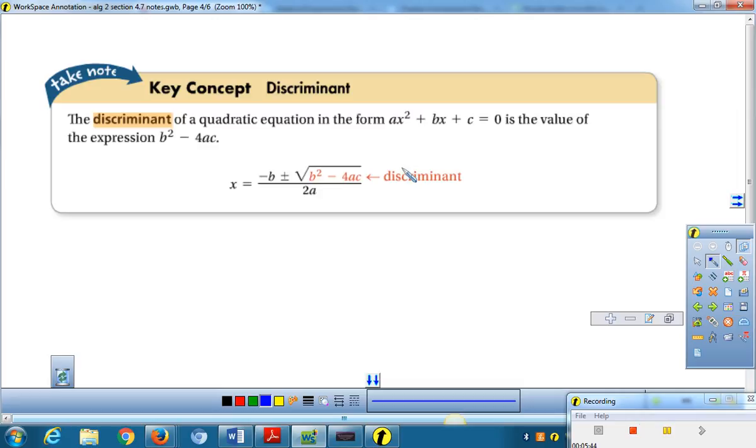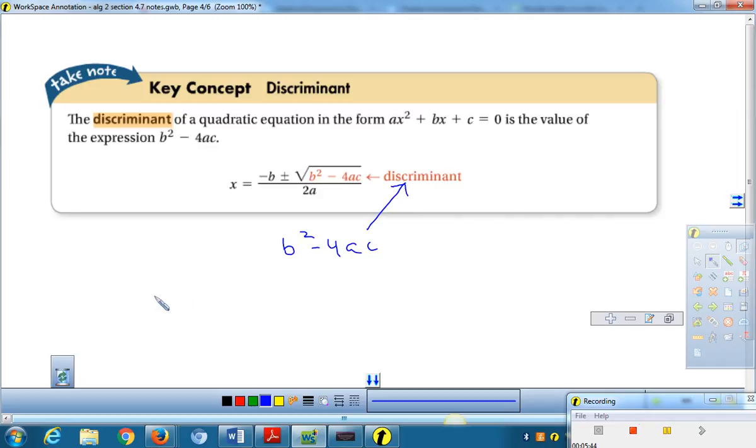Okay. So sometimes we can figure things out about a quadratic equation without going through the entire quadratic formula. The discriminant, which is b squared minus 4ac, the part that is under the root, can tell us the number of x-intercepts that we are going to have.